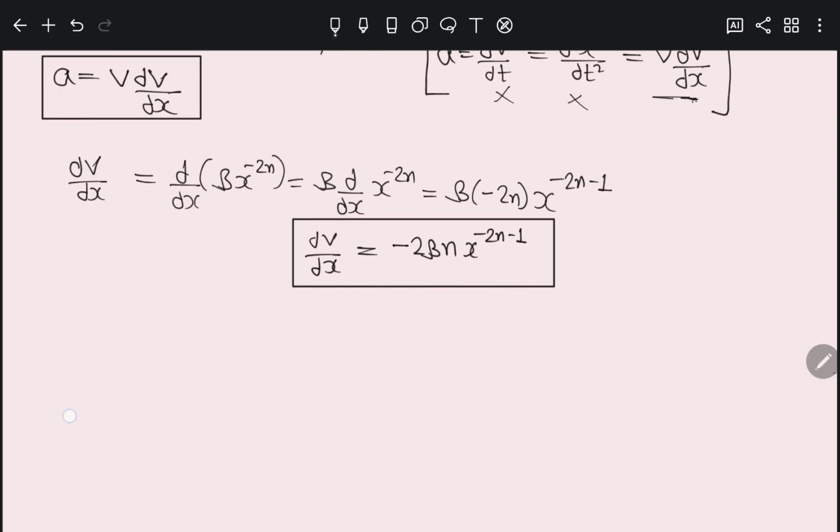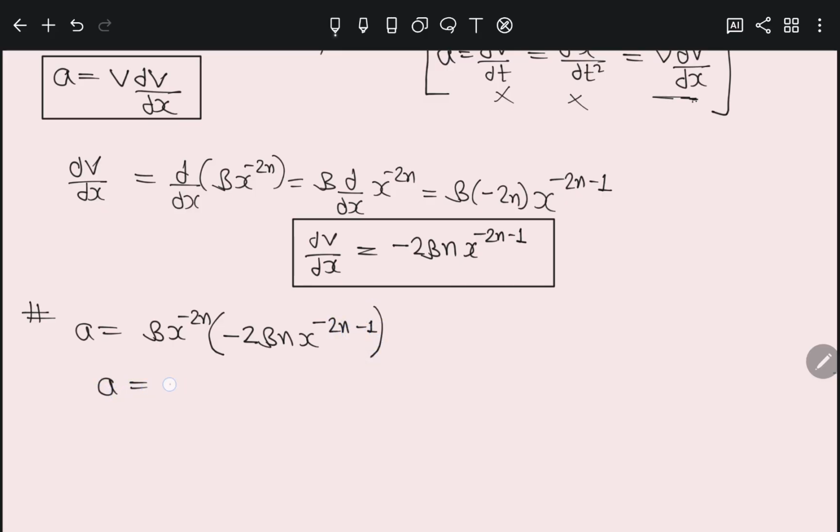Now we put the values in acceleration, so we get the answer. Acceleration is equal to velocity, so first we put velocity, beta x to the power minus 2n, then we put the value of dv by dx, minus 2 beta n x to the power minus 2n minus 1.